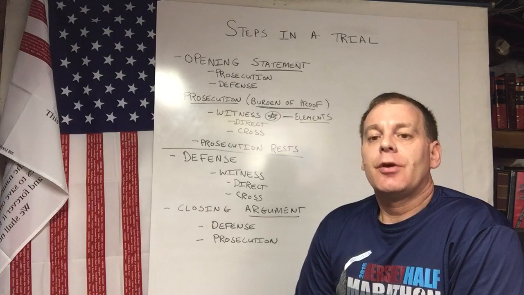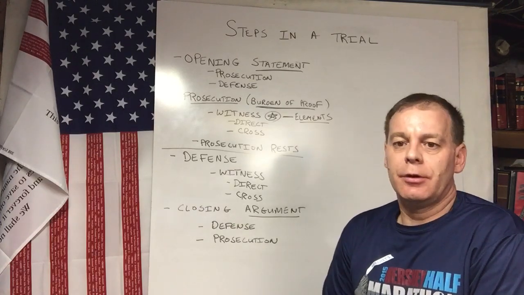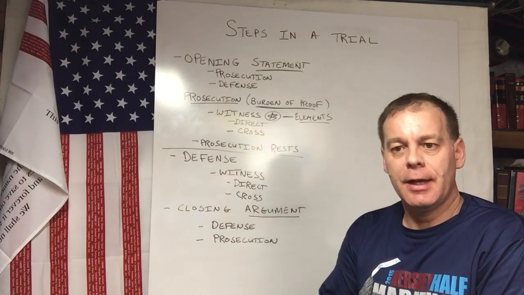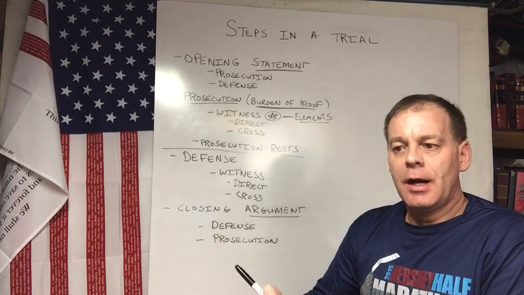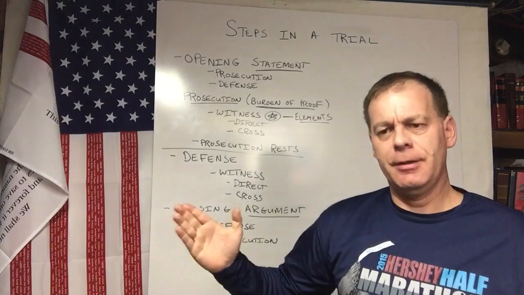After the defense gives their closing argument, the prosecution now gives their closing argument. And they say why the evidence supports their theory and the theme of the case, why you should believe the witnesses, not injecting their own opinion. I don't stand up as an attorney and say, I believe this is what happened.